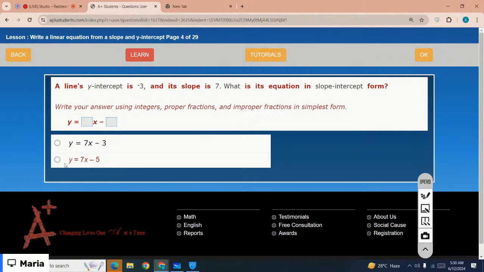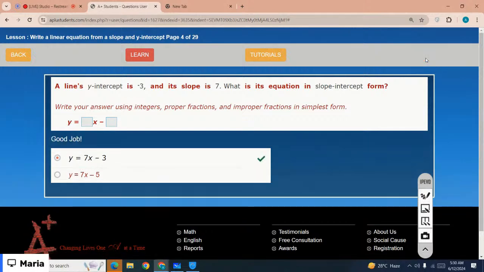The correct option is option number 1. That is y equals 7x minus 3 is the correct option.